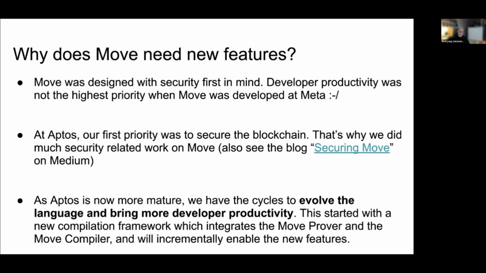But that was quite a pain, because it's basically two compilers. So what we are doing right now, and are nearly done with, is integrating the Move Prover compiler with the Move proper compiler, and then we have one unique compilation framework, and that one will allow us to extend the language with high agility and high velocity in the next year or in this year.